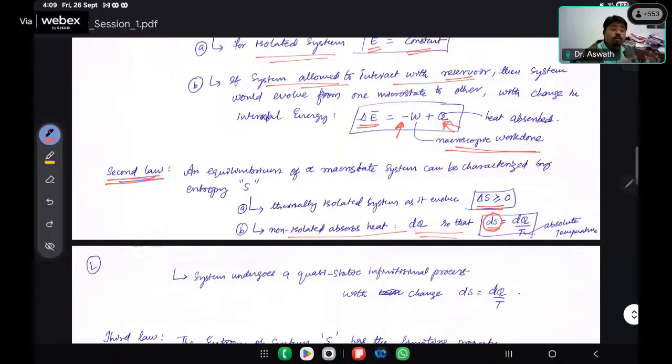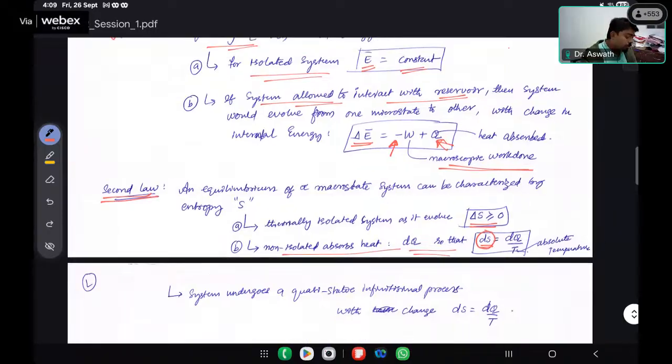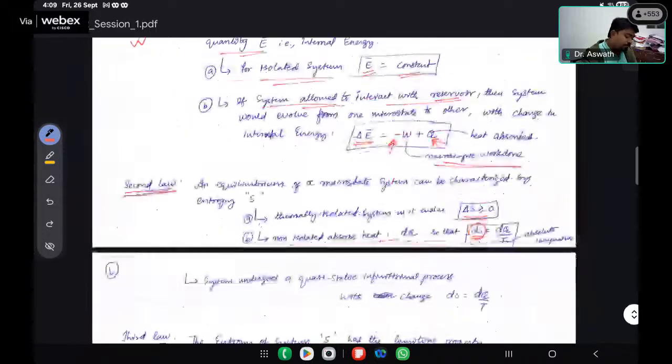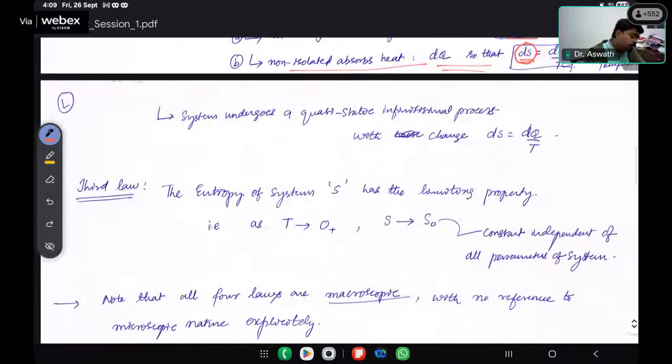Okay, you see now we took a macroscopic system of three spin particles and we are trying to assess it in terms of the thermodynamic laws of macroscopic physics: the zeroth law, the first law, and the second law. Okay, right? So here the system is undergoing a quasi-static infinitesimal process, with a small increment in the entropy, the disorderness in the system.